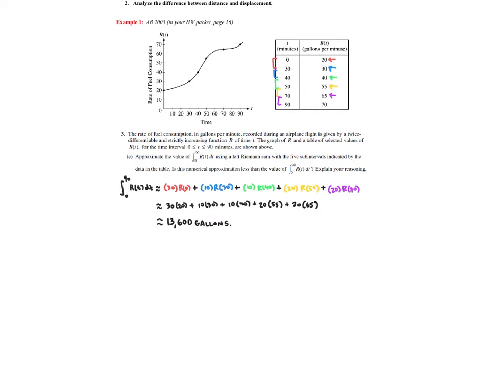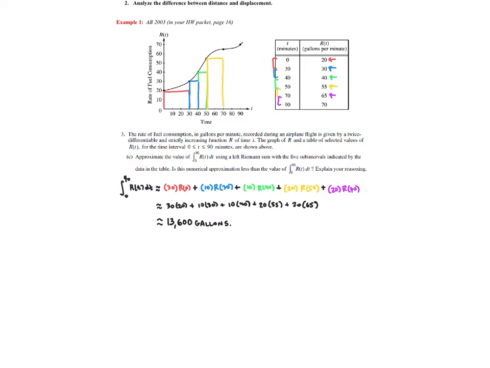Now, let's go ahead and sketch our rectangles. Our first rectangle from 0 to 30 would look like such. Our second rectangle from 30 to 40, like this. Third rectangle from 40 to 50. Of course, this is using, like we had mentioned, the left rectangular approximation method.